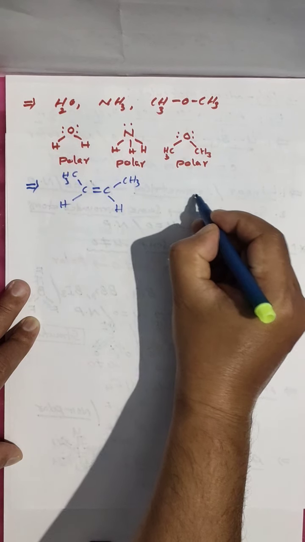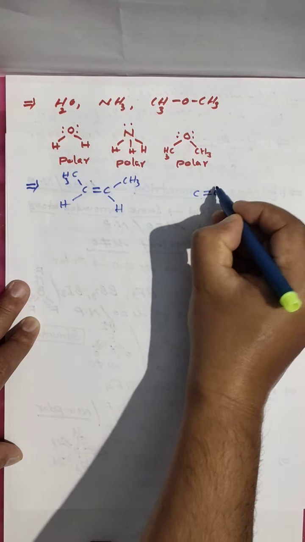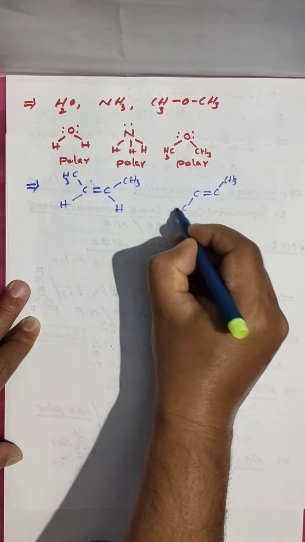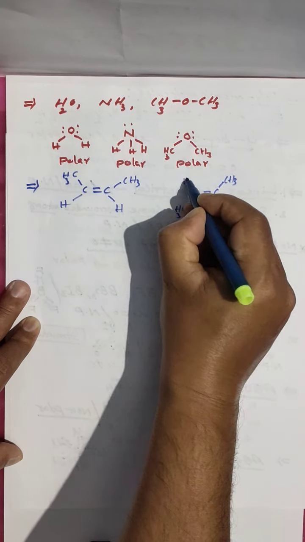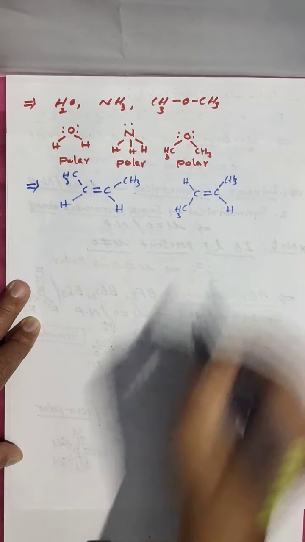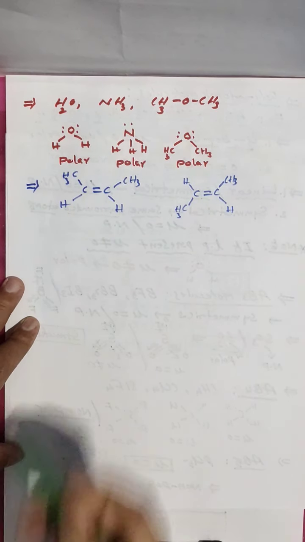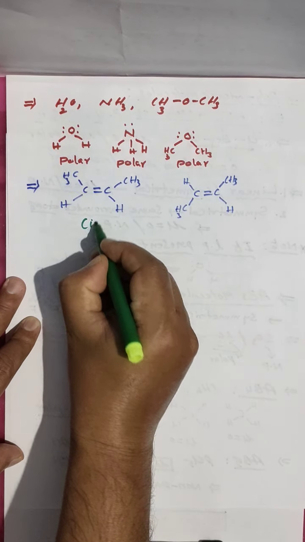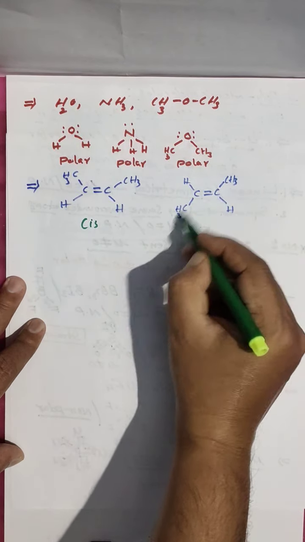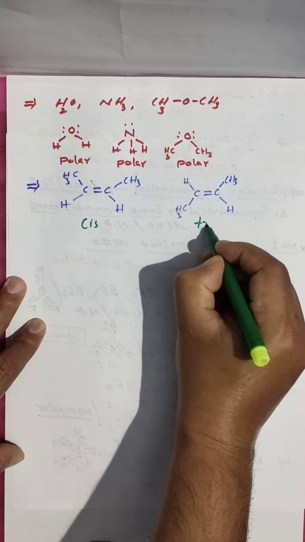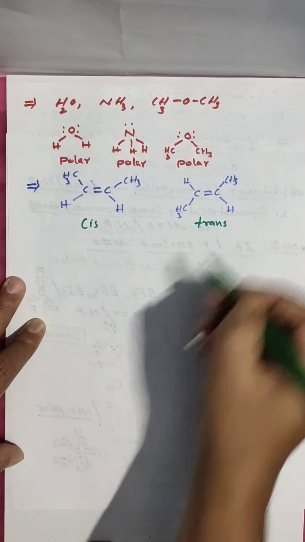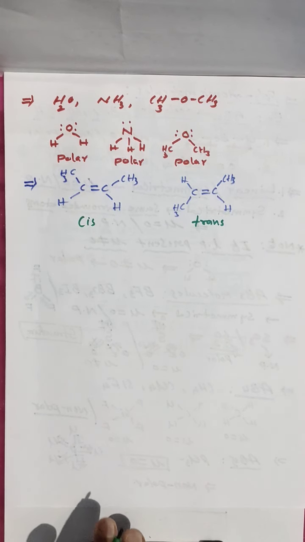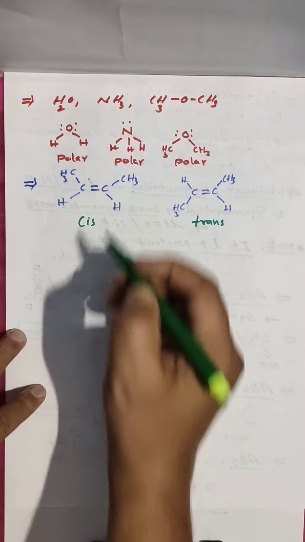And the same molecule I am taking with C double bond C, here CH3, here CH3, and hydrogen. See, same groups are on the same side, this we call cis, and same groups on the opposite sides we call trans. Means these two are isomers.